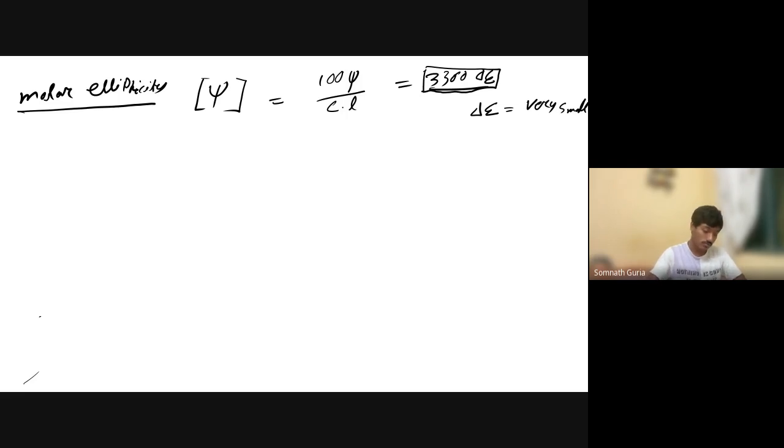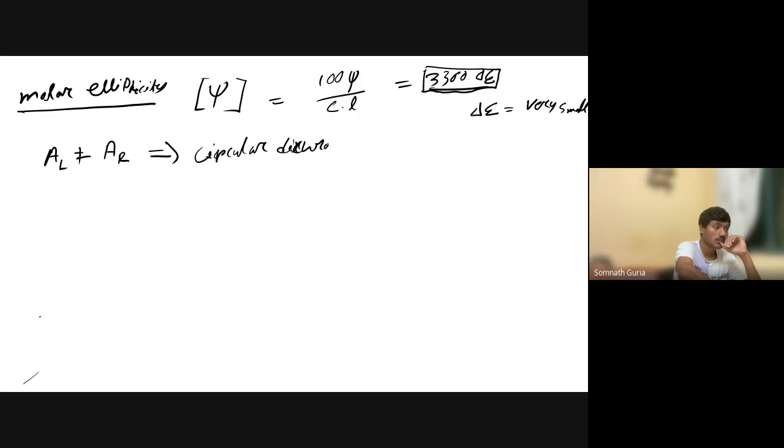Where the absorbance of left hand circularly polarized light is not equal to the absorbance of right hand circularly polarized light, that gives us circular dichroism, which is related with the ellipticity.